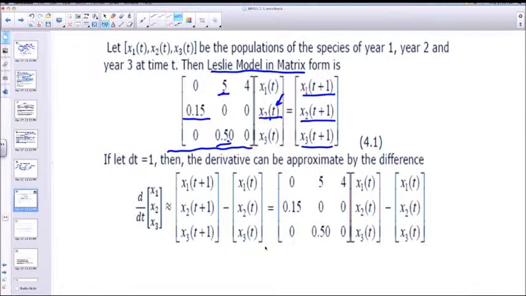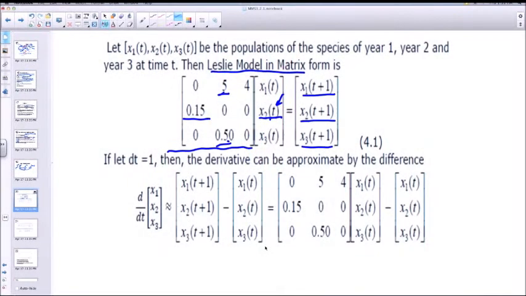But how about a differential equation? You see my previous models, they all used differential equations, the Malthus model, the carrying capacity model. We all use differential equations. Then you ask, can I use the differential equation model to think about the Leslie matrix?